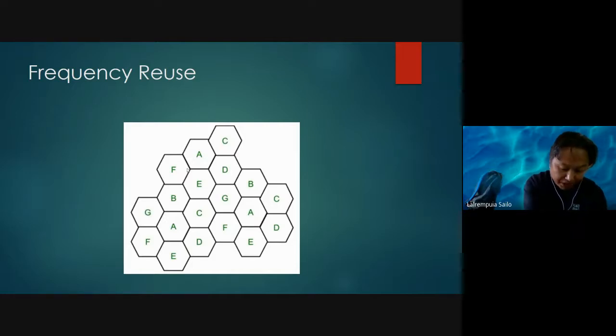So the basic idea is this: within a cell, we have different types of signal spectrum. Let's say one example.